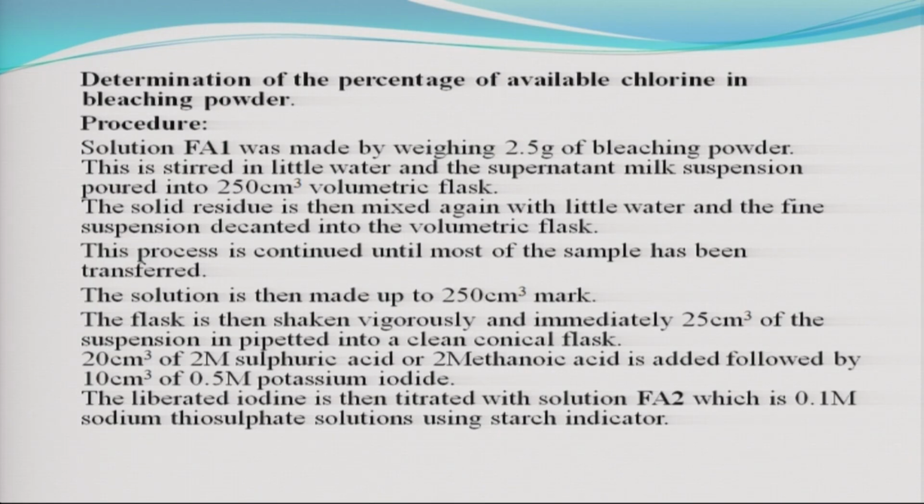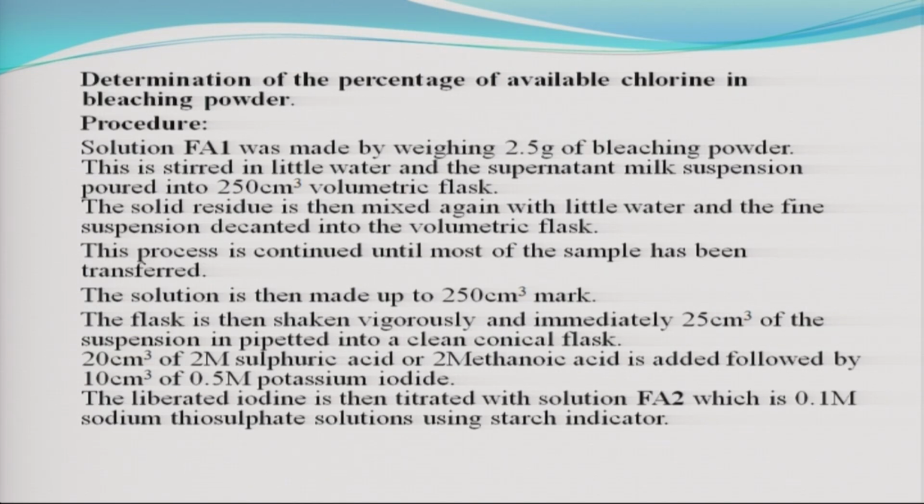When you have our original substance, the acid, and also potassium iodide, they will give us iodine. This iodine which has been produced will then be titrated with Na2S2O3, which is sodium thiosulfate, using the starch indicator.